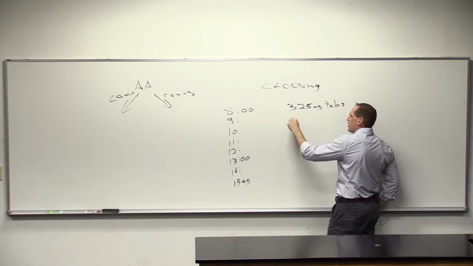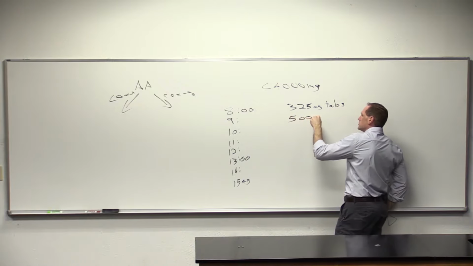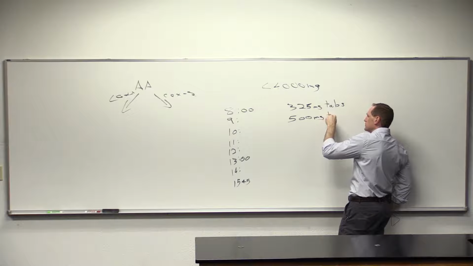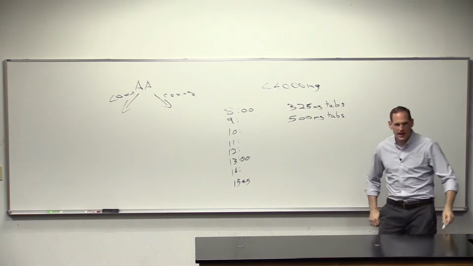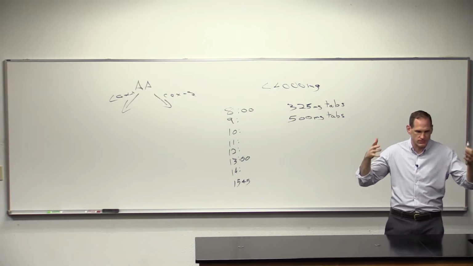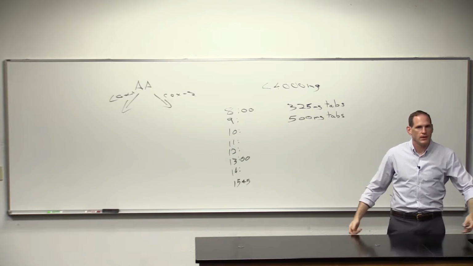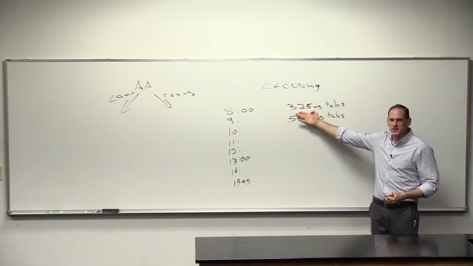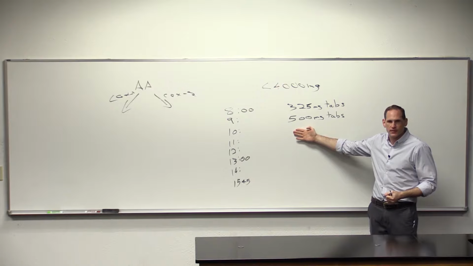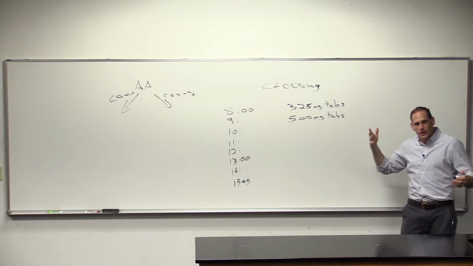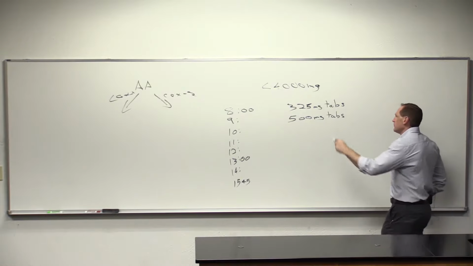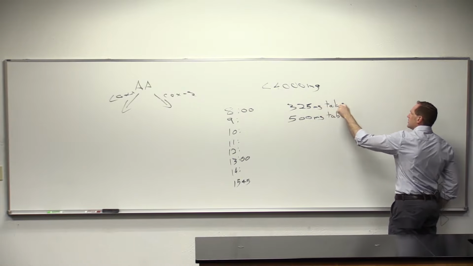And then there's something called extra strength, which is 500 milligram tablets. They can be gel caps or whatever, no one cares. A pill of some kind, an oral form. Normal dose is 325. Extra strength is 500.